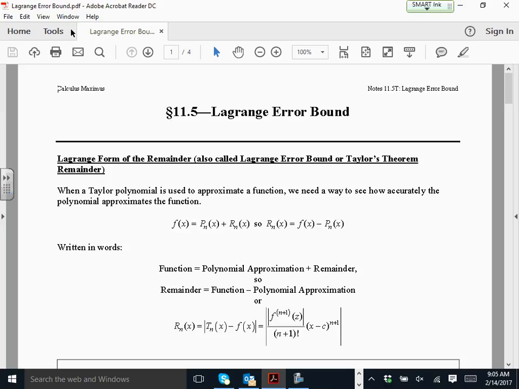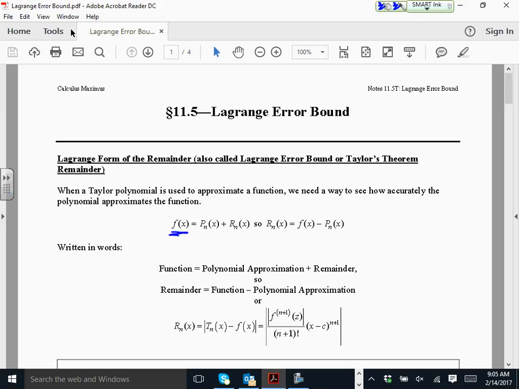Now, Lagrange, I think, got the credit, but Taylor also figured it out too, and so it's also called Taylor's theorem remainder, but really it's called Lagrange because he got it first. So here we go.